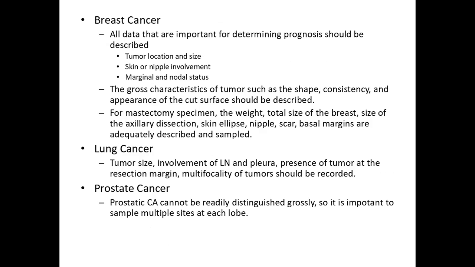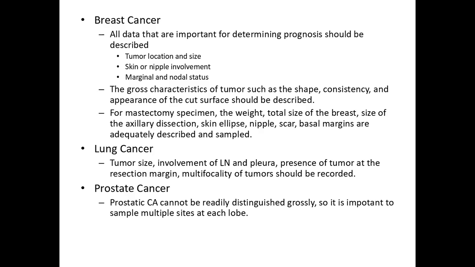For breast cancer, all data that are important for determining prognosis should be described, including tumor location and size, skin or nipple involvement, marginal and nodal status. The gross characteristics of tumors such as shape, consistency, and appearance of the cut surface should be described.